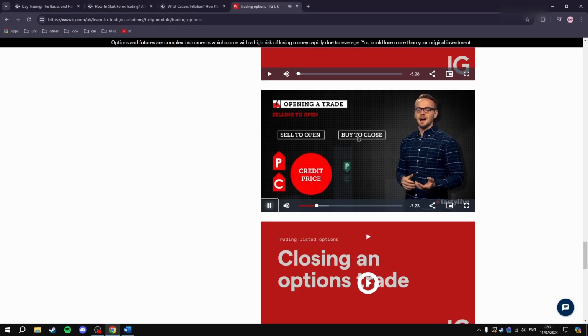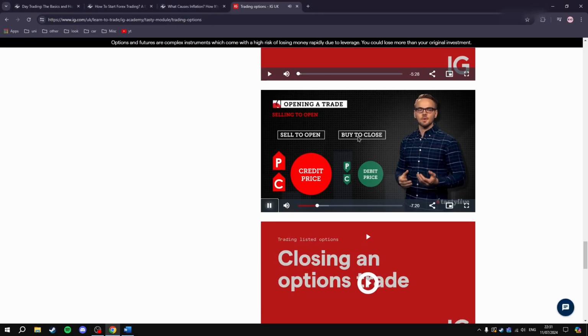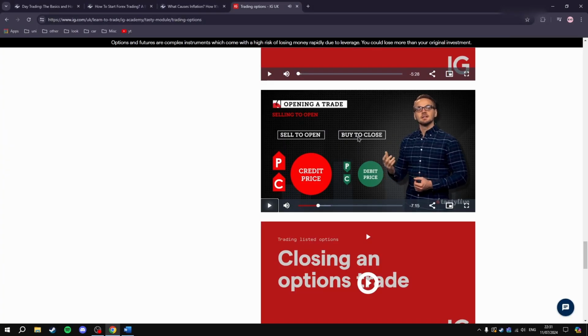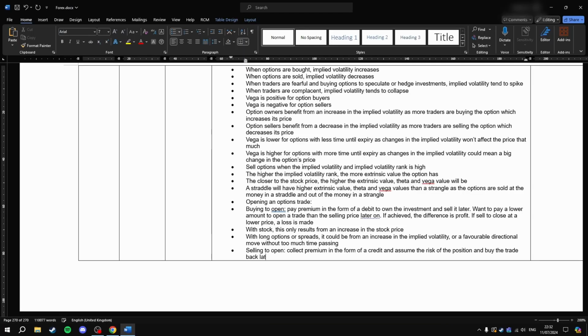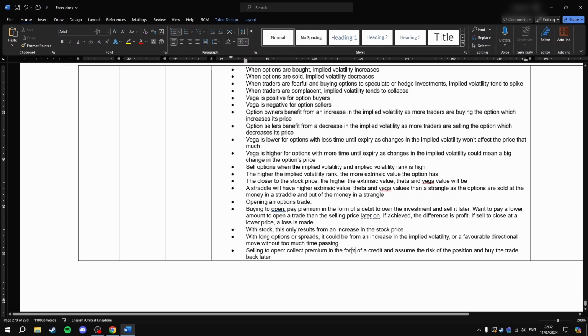Selling an option, spread, or stock is a little more tricky, as you've realized through the course.